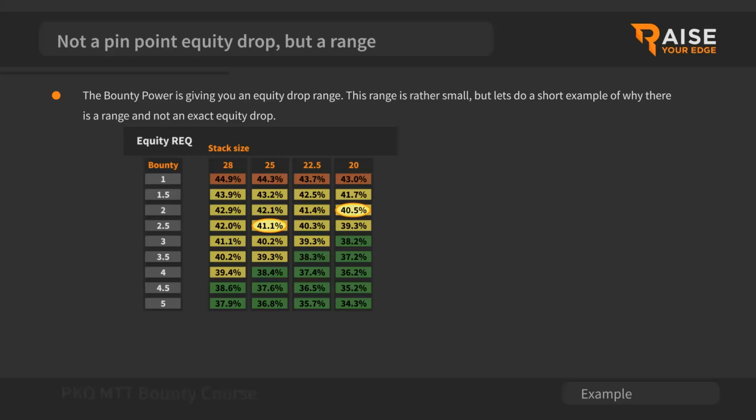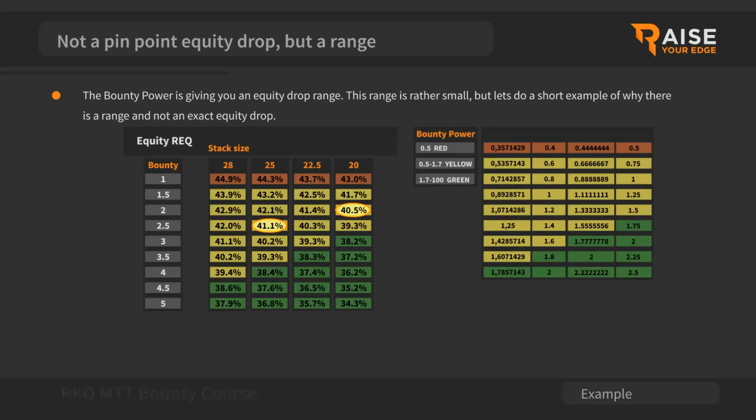So let's take two examples. We have here an equity of 41.1% to call off a 25 big blind all-in jam who has 2.5 starting bounties. And here you have a 20 big blind all-in jam who has 2 starting bounties. Why do I take this example? Because the bounty power in both cases is 1.